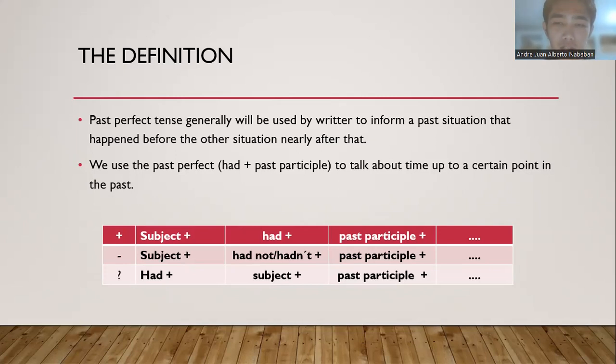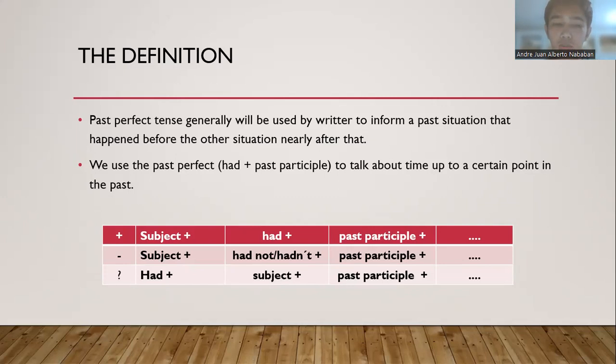And here I write also about the formula. Here I give three formulas. The first is the positive sentence formula, and then the negative sentence formula, and last is the question sentence formula.